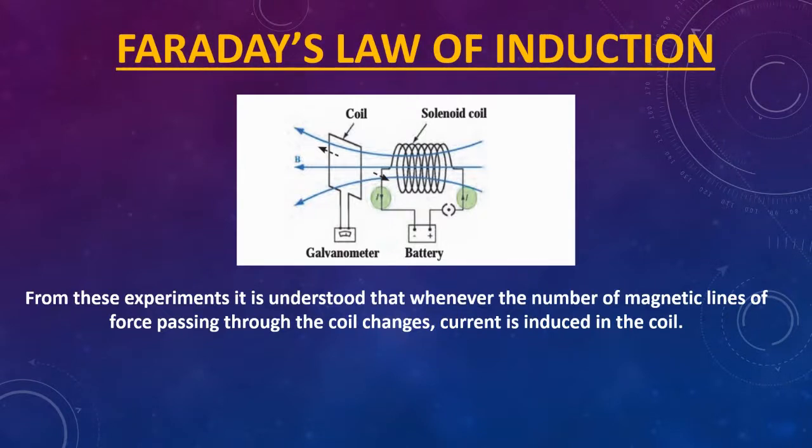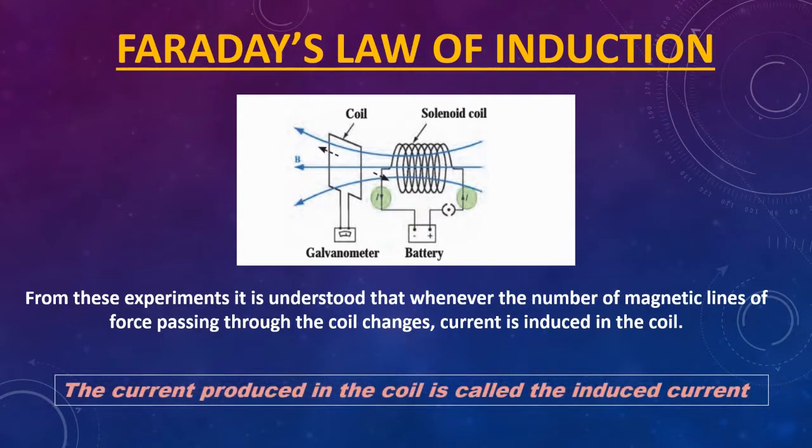And this is known as Faraday's law of induction, because he was the one to discover these laws. These are also known as electromagnetic induction or laws of electromagnetic induction. Now the current which is produced in the coil is known as induced current. So there is a current, right, which is produced or induced in the coil. So this current is known as induced current.